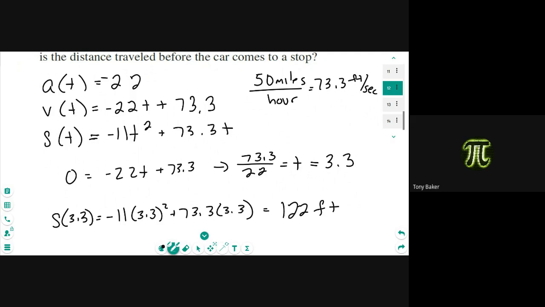So if you are right behind the car in front of you, that's why it's like the two-second rule. If you think about it, we said it should take us about 3 seconds to stop, right?